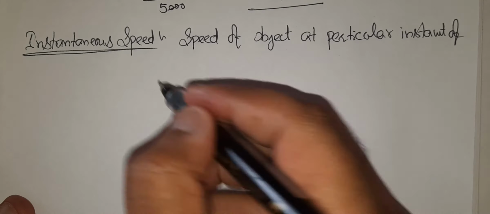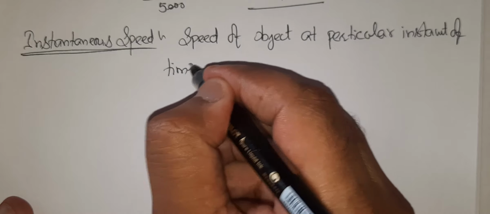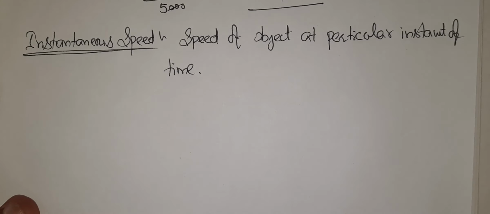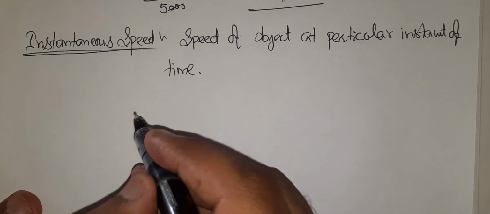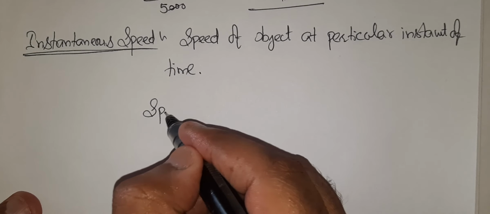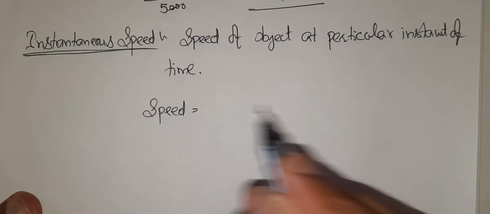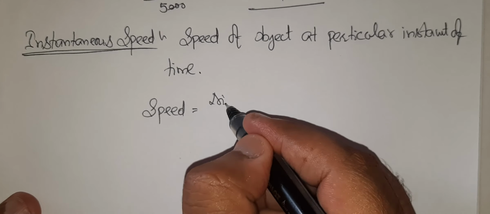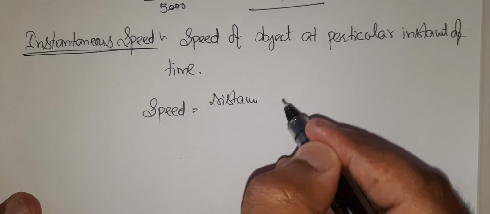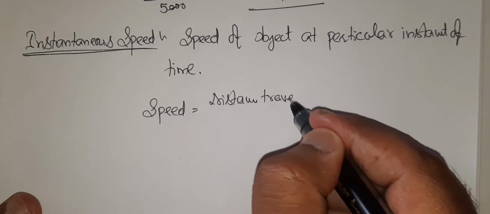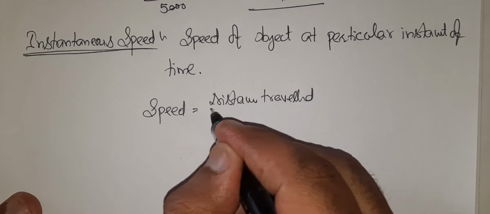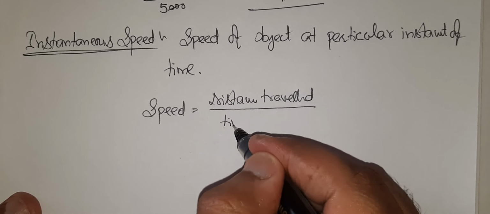अब देखो, इंस्टेंट के लिए यहां पे एक प्रॉब्लम आता है। What is that problem? Average speed is equal to distance traveled over time interval.